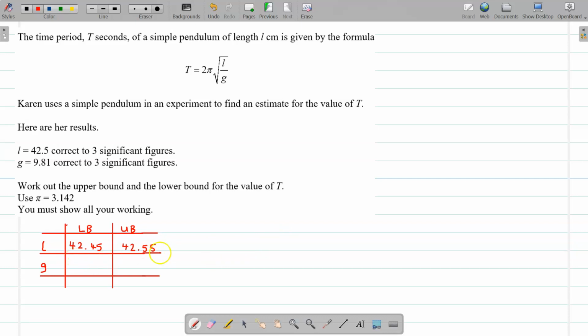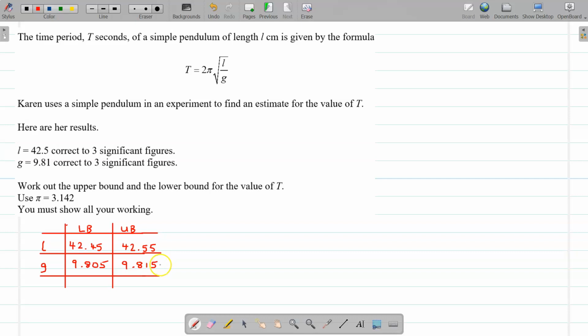All right, so the upper bound is defined as 42.55, and similarly for G, the lower bound could have been 9.805. That's the smallest number it could have been, so that is the lower bound, and the upper bound is 9.815. Okay, the point at which it would switch to 9.82, you see.